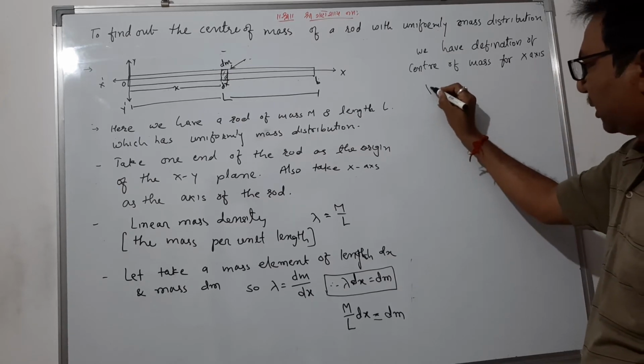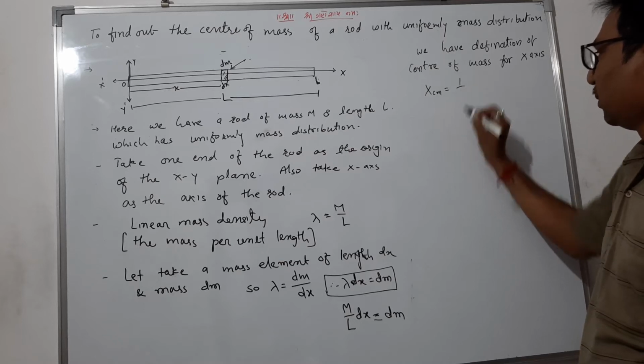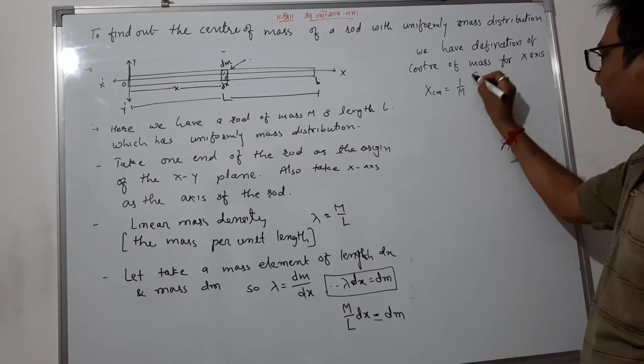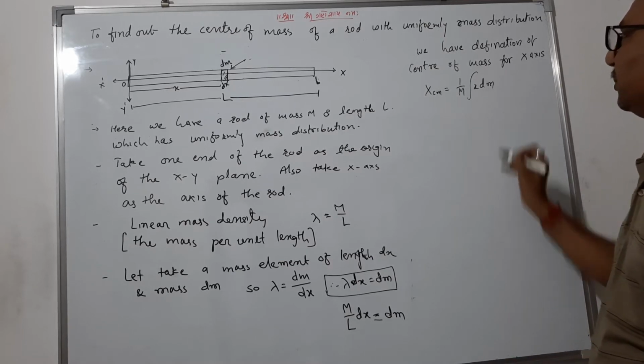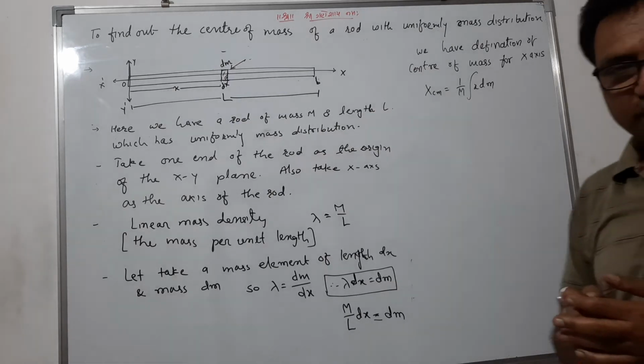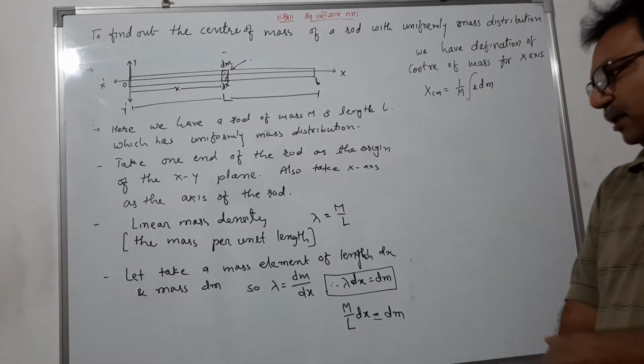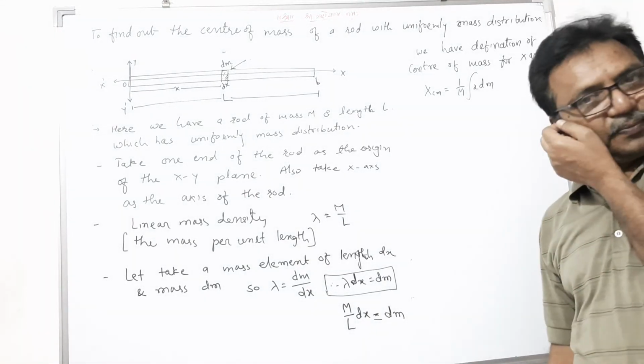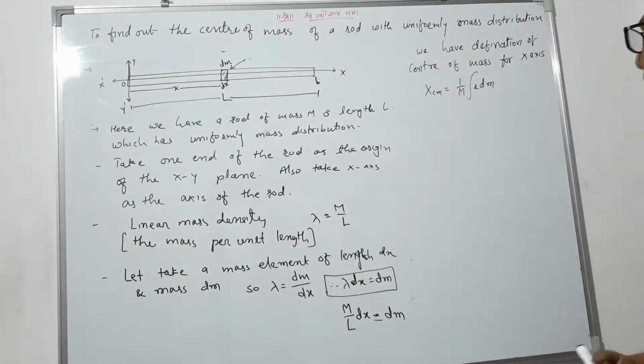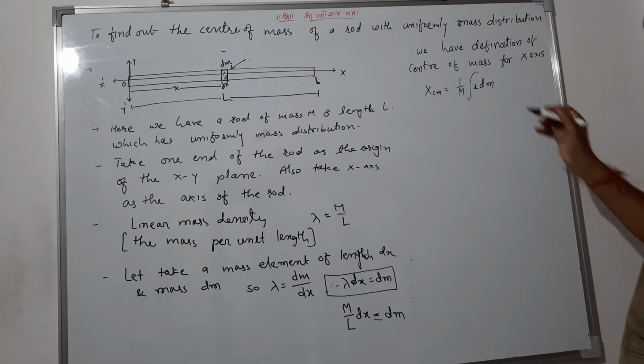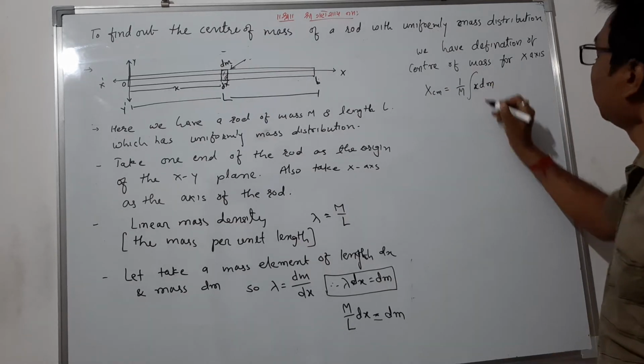Over here, xcm is equal to 1 upon m integration x dm. This theory we have already learned in an earlier lecture when I taught you online.